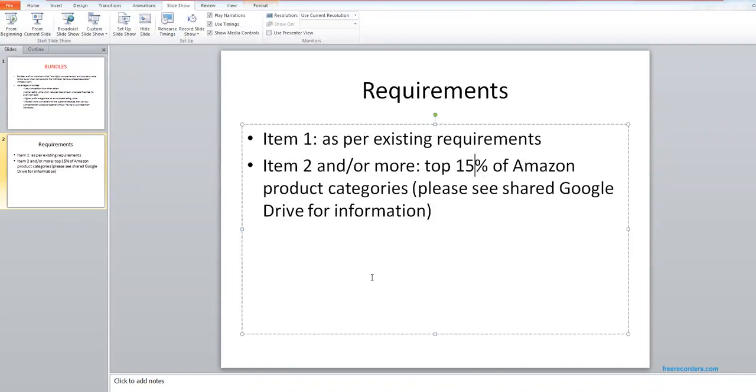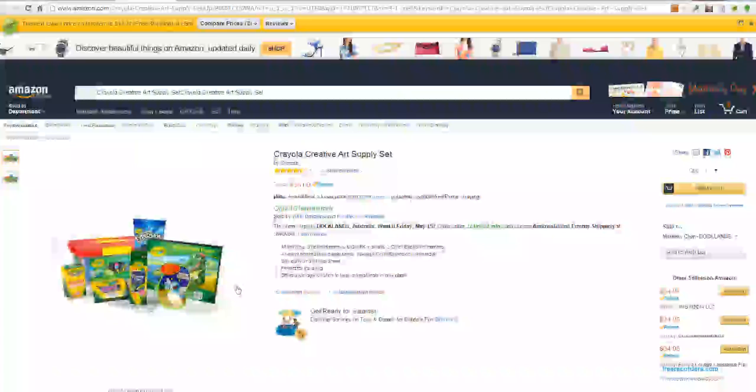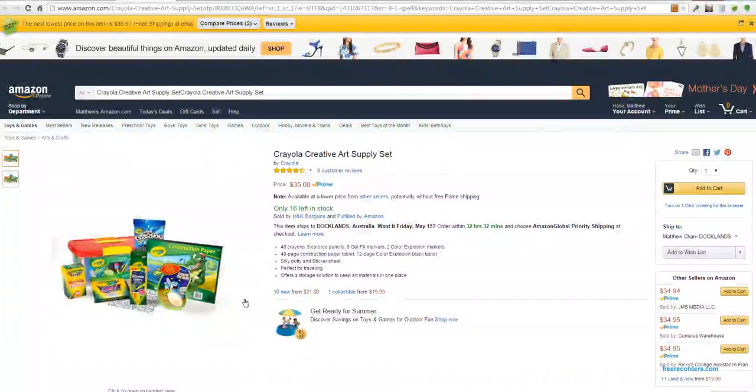Just in summing up, I'd like you to look for products like you normally do, and then look for opportunities to bundle items. My focus is more on bundles.